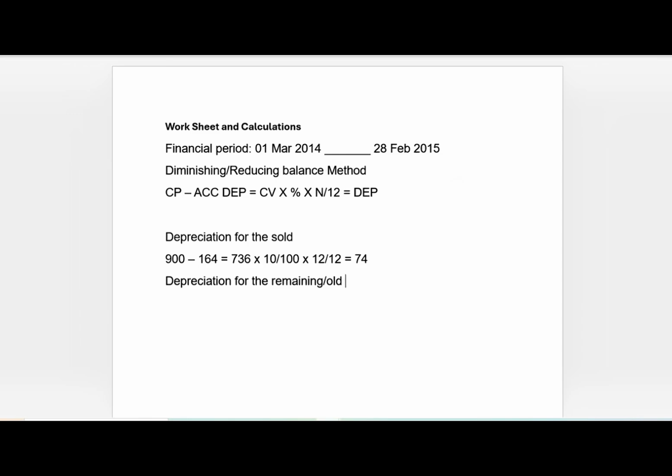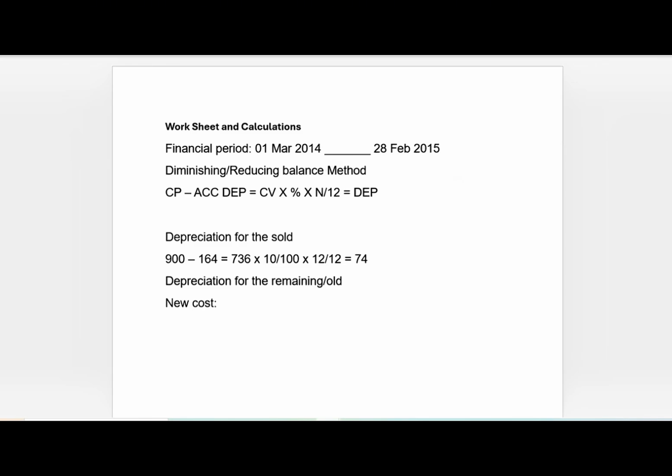So now, what do we do? Remember, we first need to calculate the new cost. So how much is the remaining cost after selling?